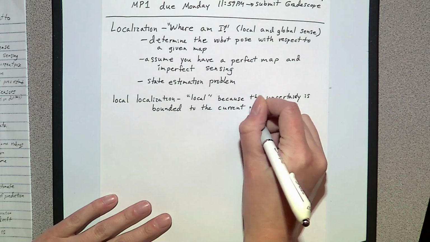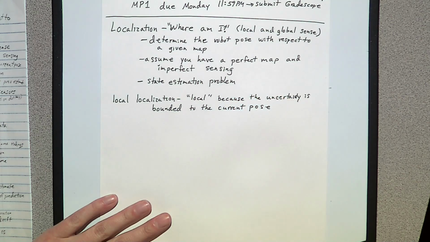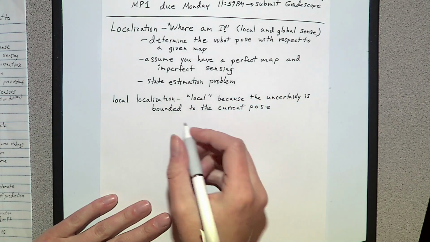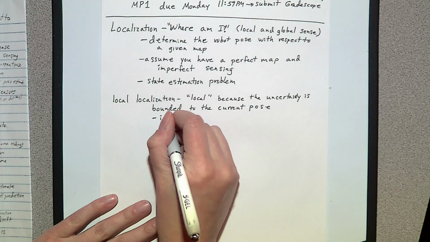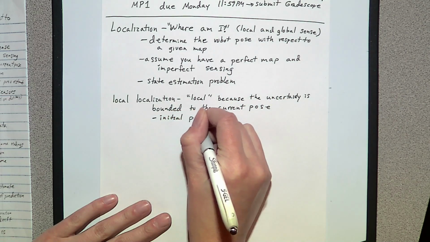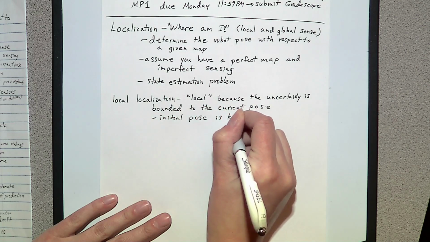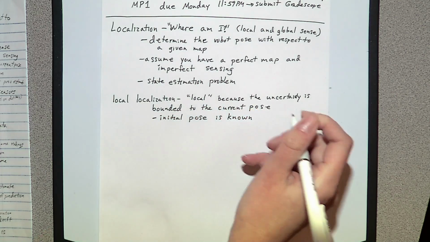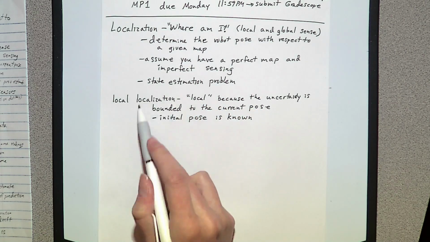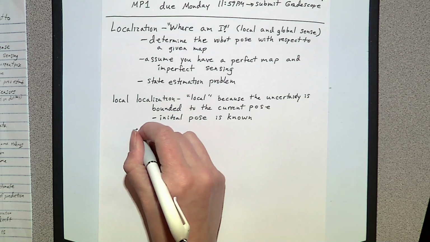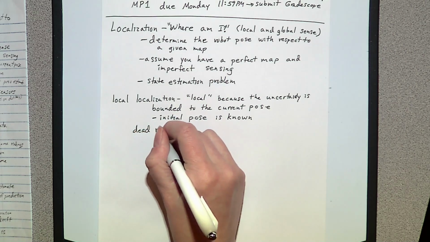And with local localization, we assume that the initial pose is known. And so where you have something like local localization is with dead reckoning.